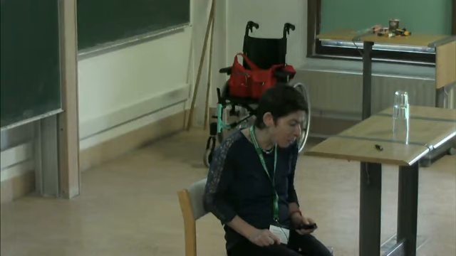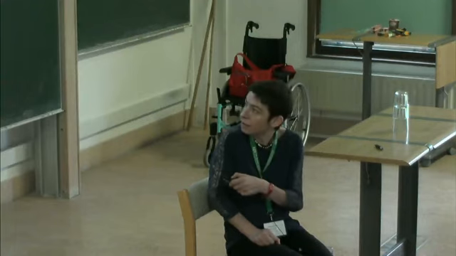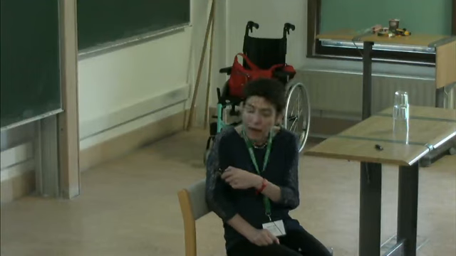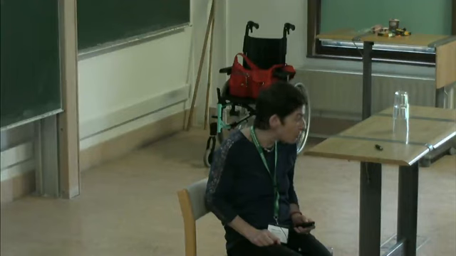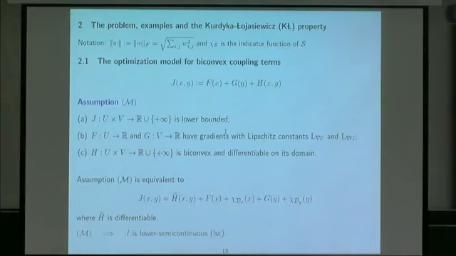Another way to write the assumption is in this way. Here, H tilde represents the smooth part of the coupling term, but we can add to the coupling term the convex constraint on x and on y.